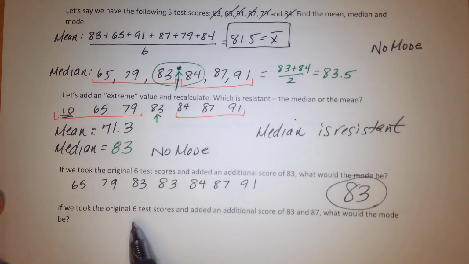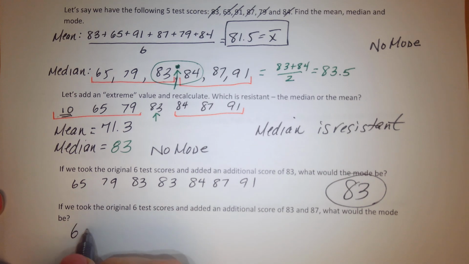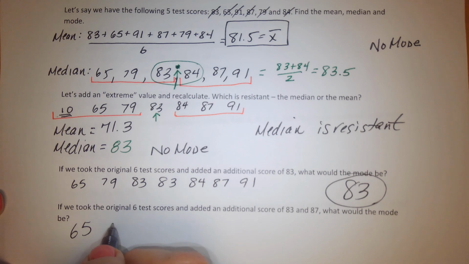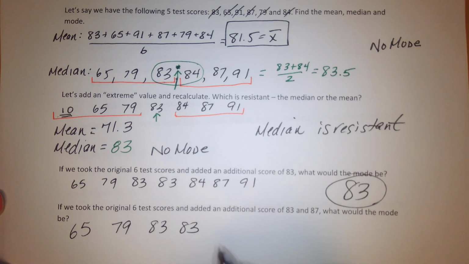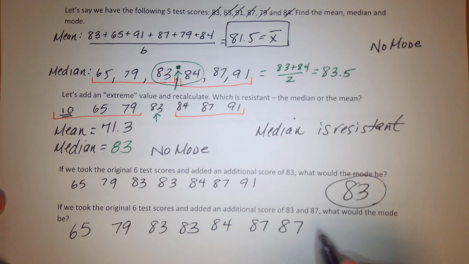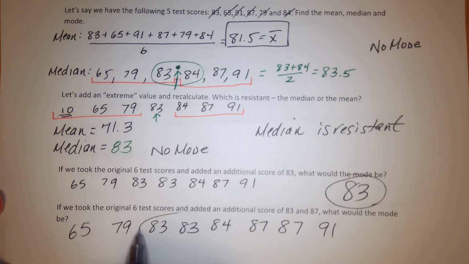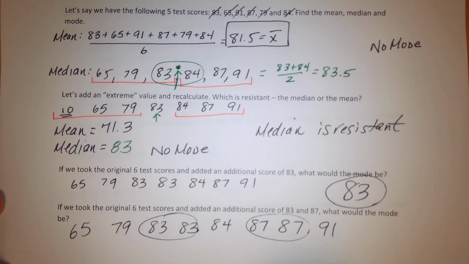What if we took the original 6 test scores and we added an additional 83 and 87? So my data set now looks like 65, 79, 83 with my additional 83, 84, 87 with my additional 87, and 91. The mode would actually be both numbers.